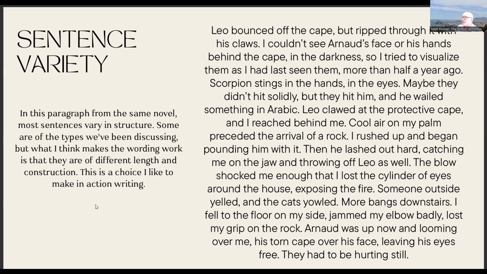Leo, by the way, is a Maine Coon cat. The blow shocked me enough, right, so that I lost a cylinder of eyes, exposing the fire. So this is a complex sentence. We have a subordinate clause: that I lost the cylinder of eyes around the house. Then it becomes cumulative as well, exposing the fire, by adding that ablative absolute. Compound sentence, fragment.